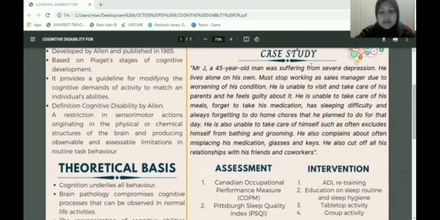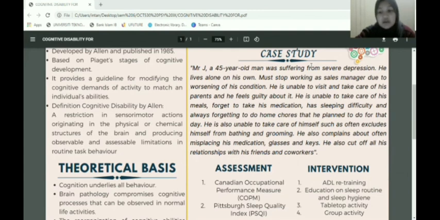So basically, this group activity will not only improve their social interaction and communication skill, but also can increase their self-esteem and self-confidence. So patients will gather between themselves and interact with each other and communicate among them, and they will also share their experience and their condition with each other.